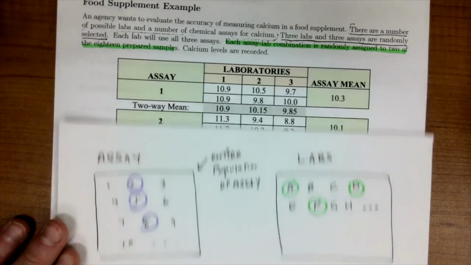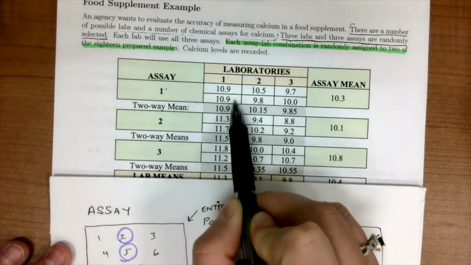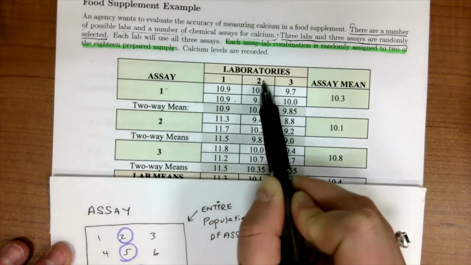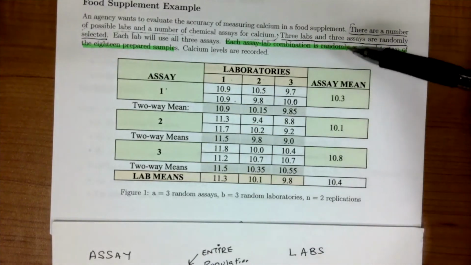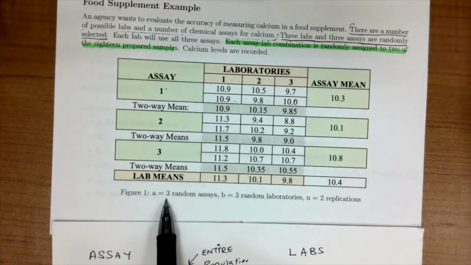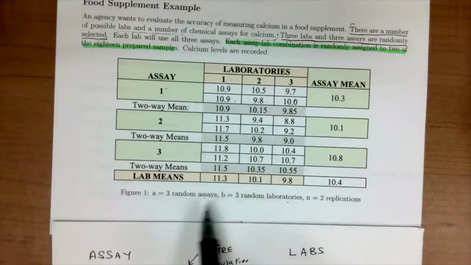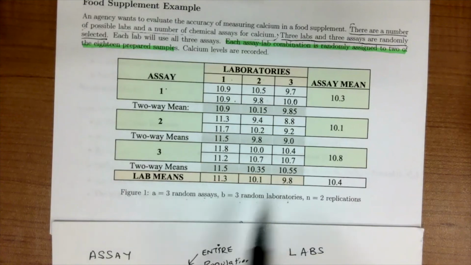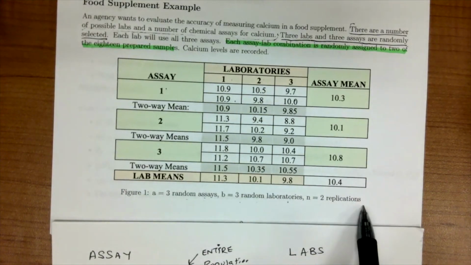So we come here, we see we have assay 1, lab 1, and we have 2 samples. Same thing, 2 samples, 2 samples. And this is how we got this data. So here we have 3 random assays, we have 3 random labs, and for each assay lab or treatment combination, you could call it, we have 2 replications.